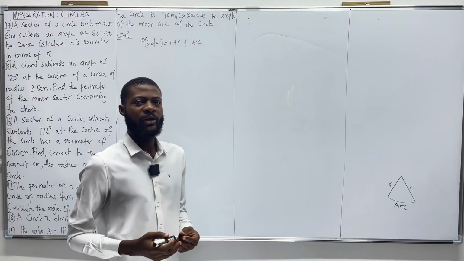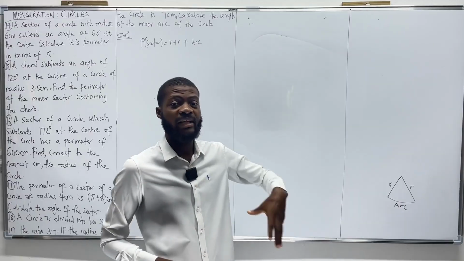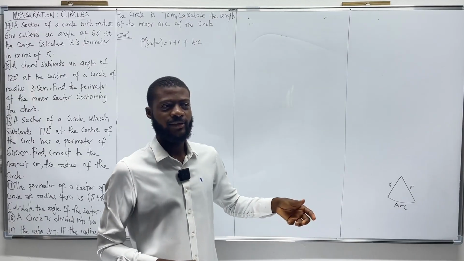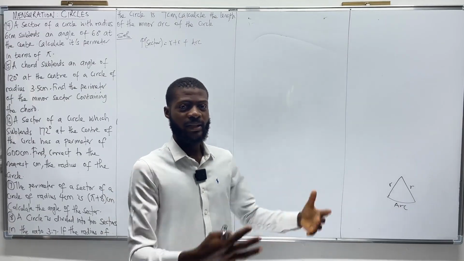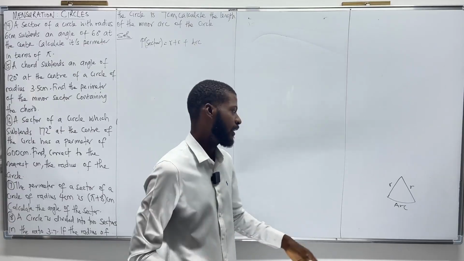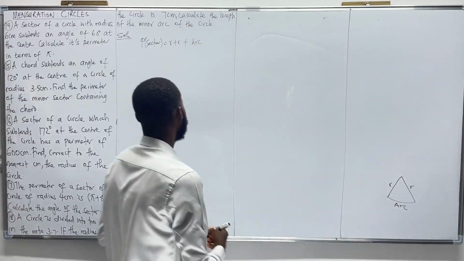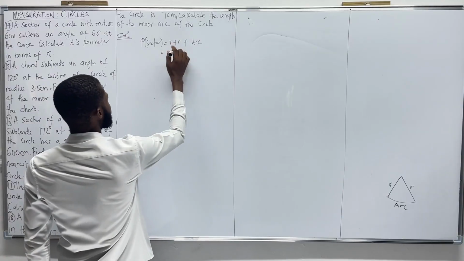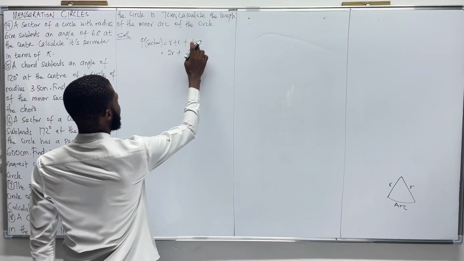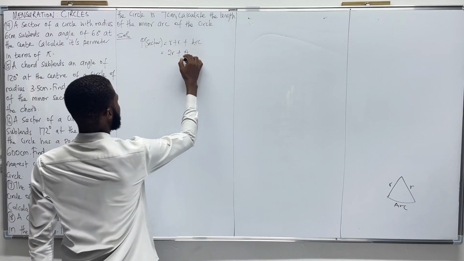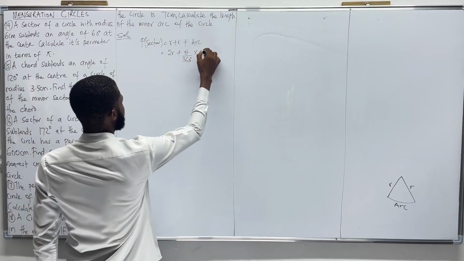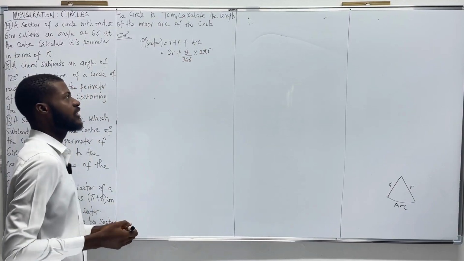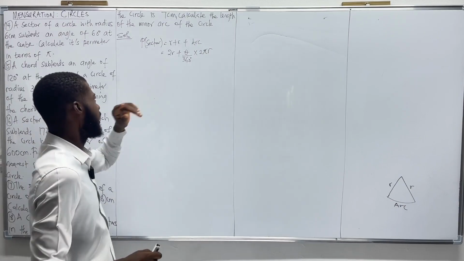Because remember I told you that perimeter is the sum of the length of the outline, or perimeter is the outline itself. What is the length of the outline? So we need to add up every single side here. So r plus r is 2r. Then the length of an arc is theta over 360 degrees times 2 pi r. So this is the formula for the perimeter of a sector.